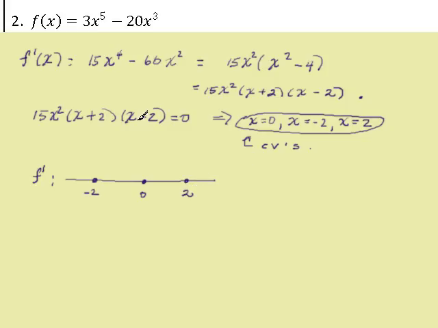Notice in the factorization, the factor where the critical value x equals 0 comes from is x squared. Since it's squared in this plus minus analysis, we aren't going to have the alternating positive negative pattern. All right, here we'll have f prime is positive to the right if we plug in something like 3.